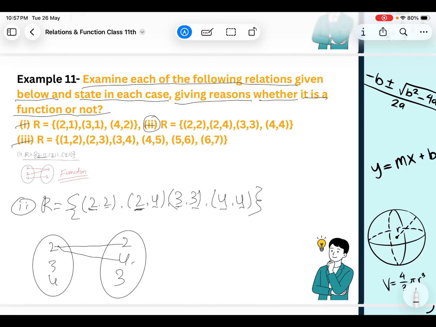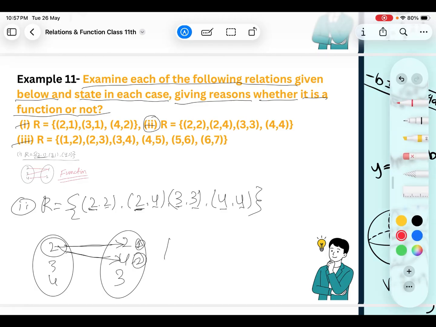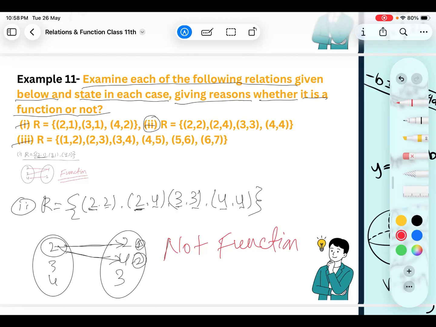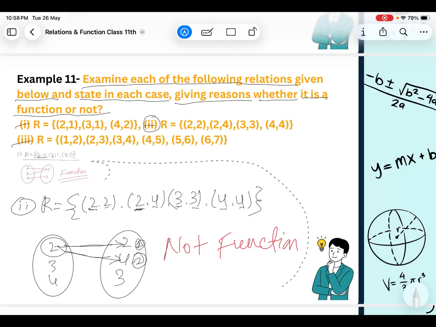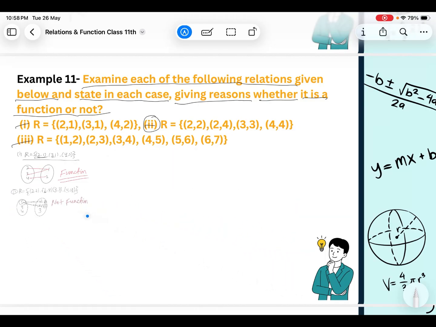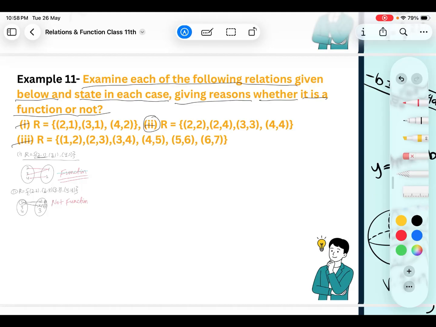Oh my god, what is happening? For a single input there are two outputs, output 1 and output 2. So we don't need to see further. We know this is not a function. So this candidate is rejected. Please go. Now the third one.